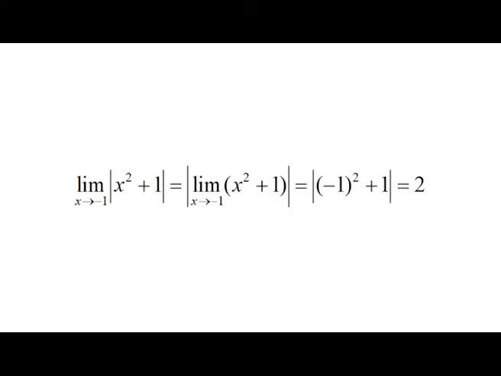In particular, limit of absolute value of x square plus 1 as x approaches negative 1 equals absolute value of limit of x square plus 1 as x approaches negative 1 equals absolute value of negative 1 whole square plus 1 equals 2.